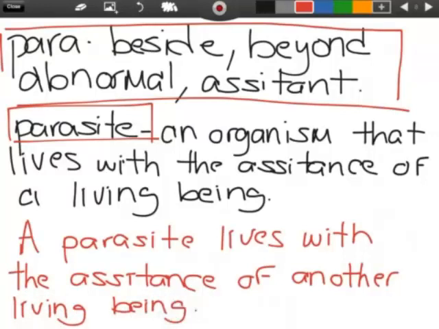I'm going to read that to you. A parasite lives with the assistance of another living being.